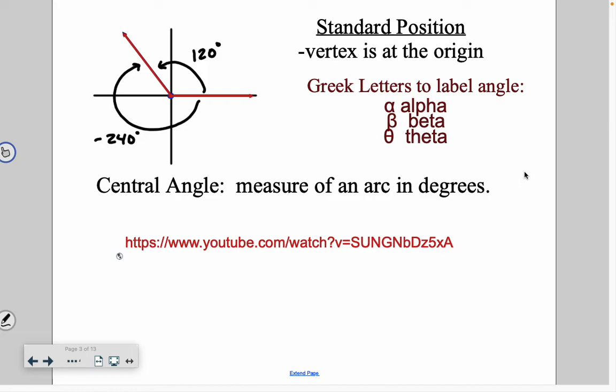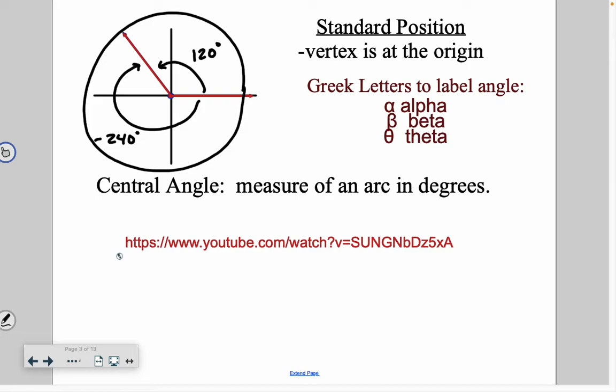So your central angle, what we put in this picture, is the measure of an arc in degrees. These next couple of chapters are what are called circular trigonometry, because if you think about this as a whole circle, we can also talk about the arc length that goes with it. In fact, let's say I drew a circle in.